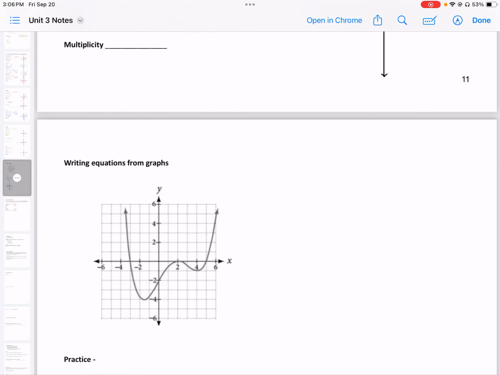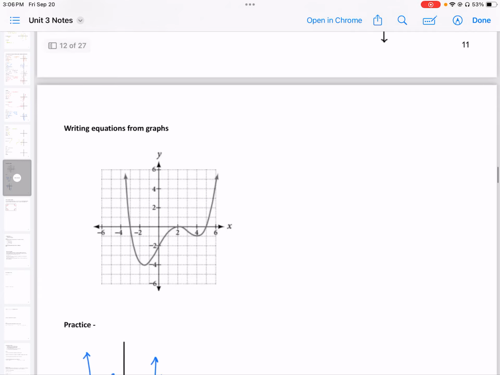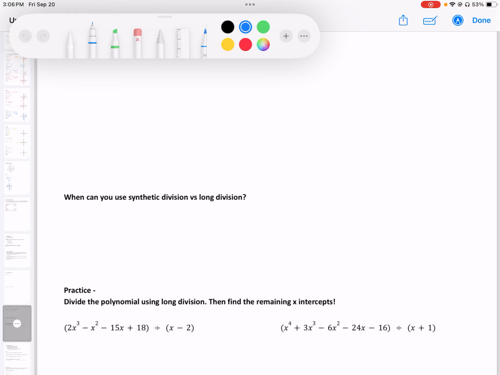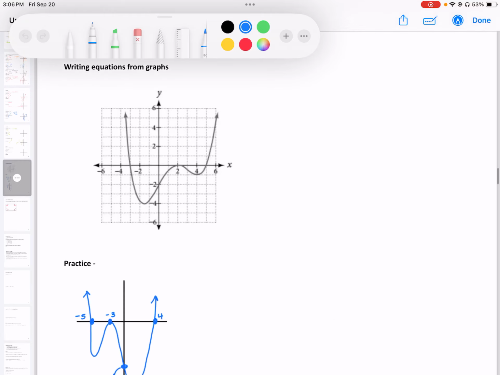Finally, we're going to write an equation from the graph. So I'm going to start with writing all my x-intercepts. I'm sorry, the screen keeps shifting around. So all my x-intercepts are here. So I have x plus 3, x minus 2 squared because it bounces, and x minus 5. I also have a y-intercept of -2.